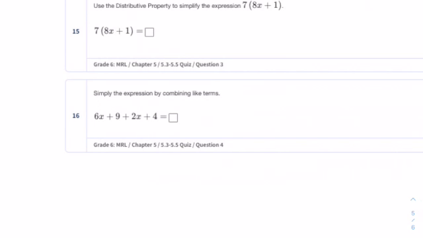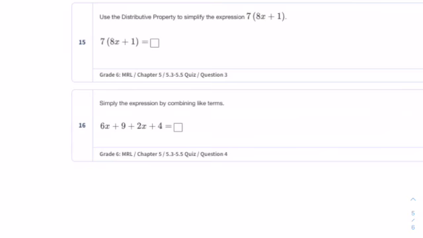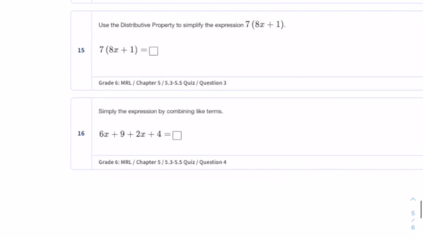Use the distributive property to simplify the expression 7 times (8x plus 1). So remember the distributive property. Distributive property tells me that I should multiply the number on the outside by all the stuff on the inside. Or to help me to remember it, there's a little sound effect that I like to use, which is shoop and shoop. So the 7 shoops.